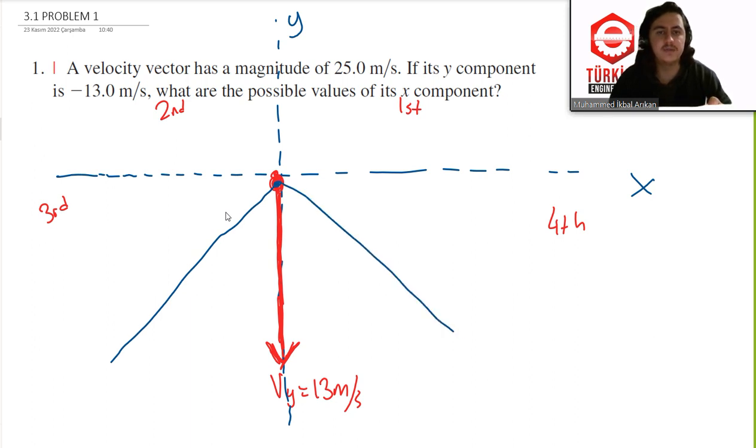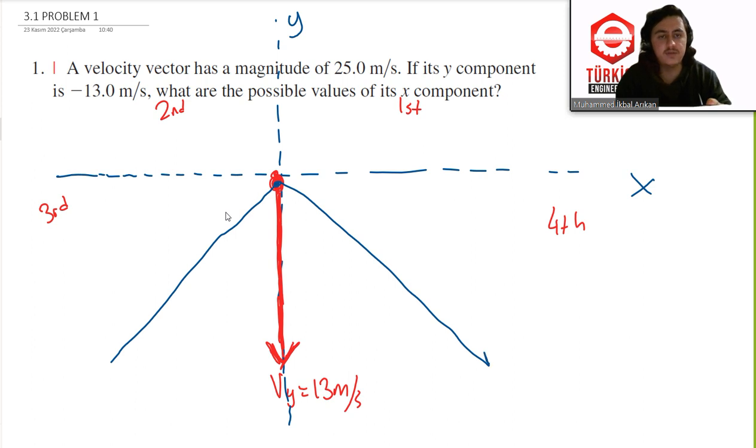I have just two possibilities. If the question gave just the magnitude and not the direction, our possibilities would be four. But it's giving the magnitude 13 and the direction, downward. So I can only be in the third or fourth quarter.